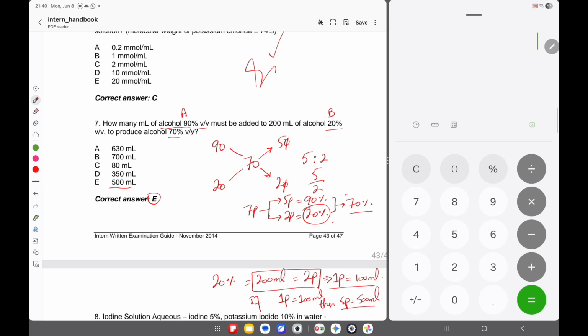So if we are using 200 ml of 20%, then we should use 500 ml of 90%. When we mix these two concentrations and volumes, we will get 70% alcohol. You got it? So this is the solution of problem number 7, and our right answer is 500 ml. That's E.